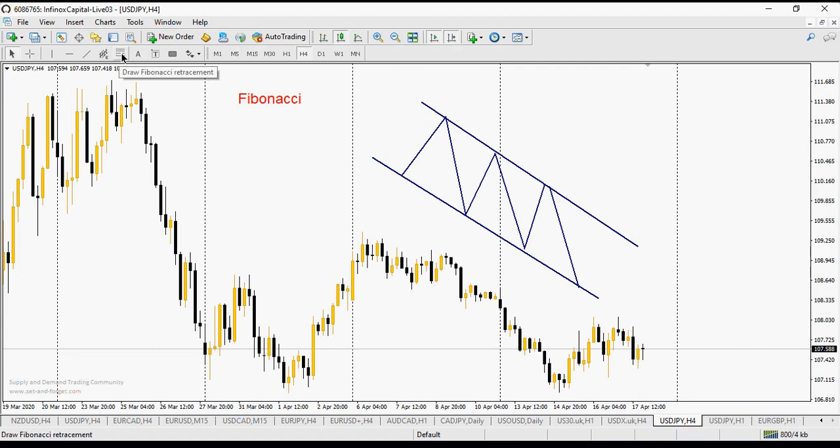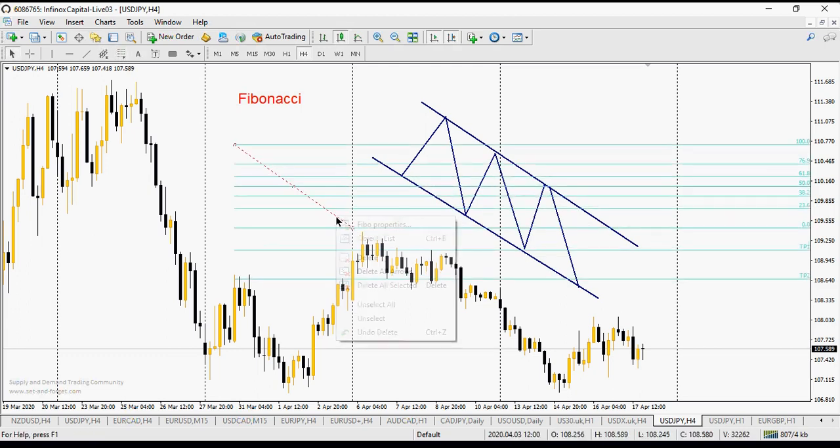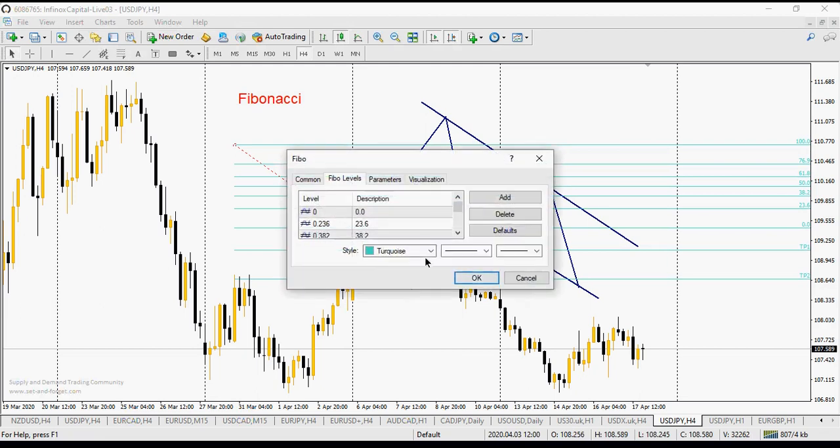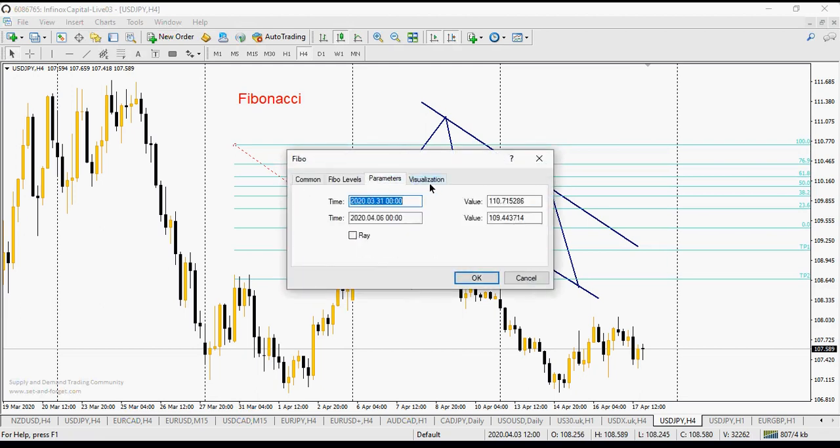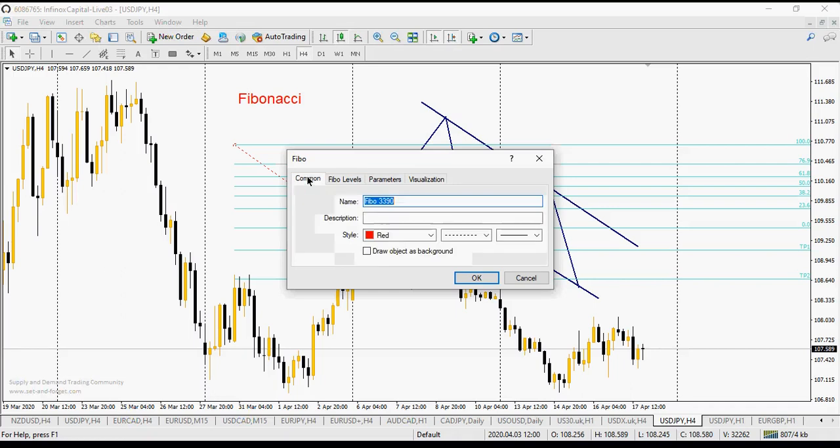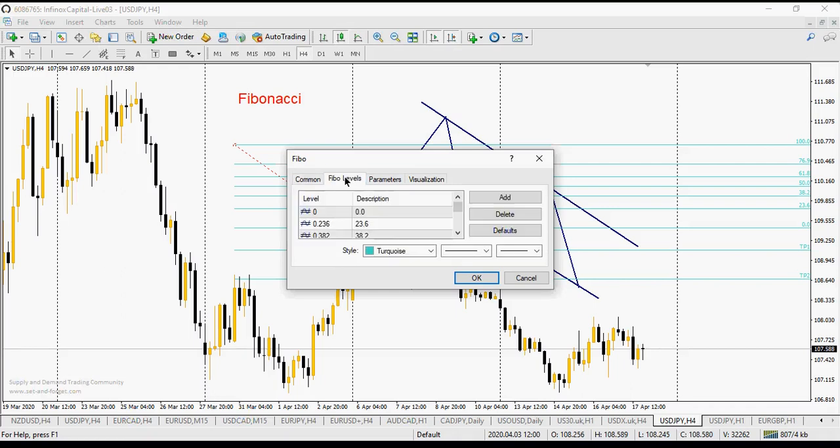You can see we have the Fibonacci retracement tool. The tool is on every MetaTrader 4. Okay, it's always there. Let me edit it and make it default.